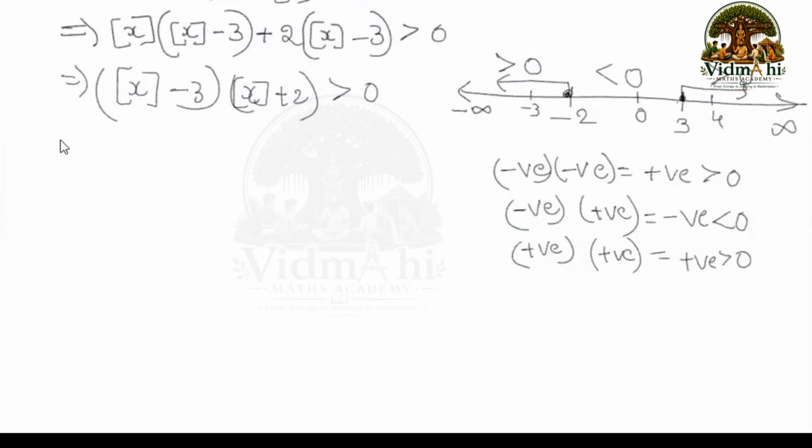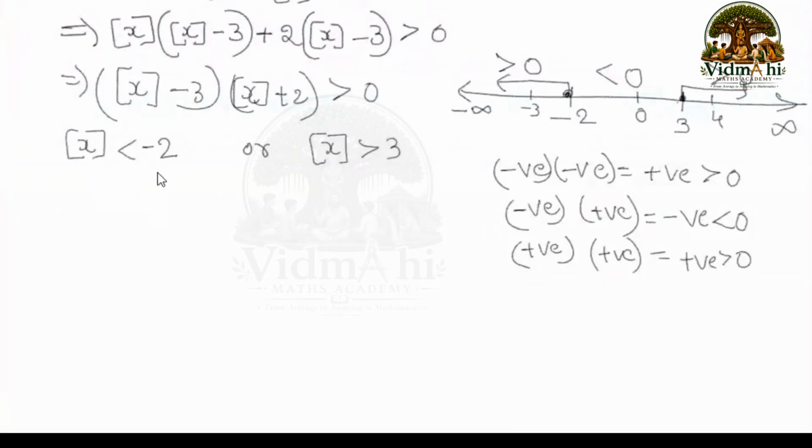Correct? So that means greatest integer value should be less than minus 2, or greatest integer value should be greater than 3.